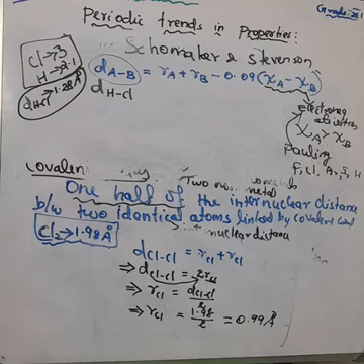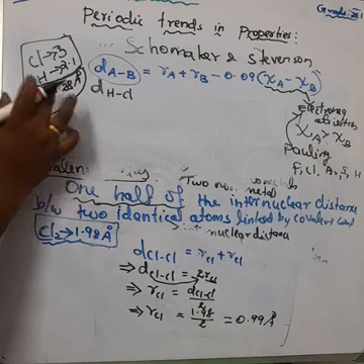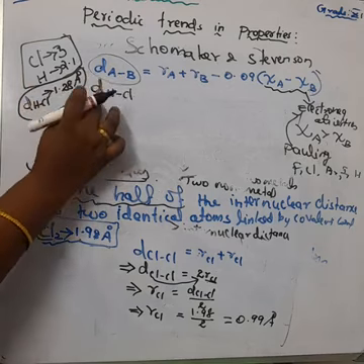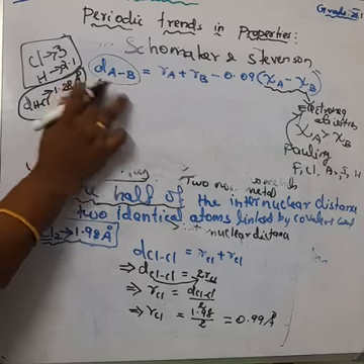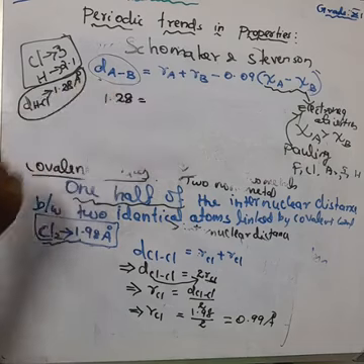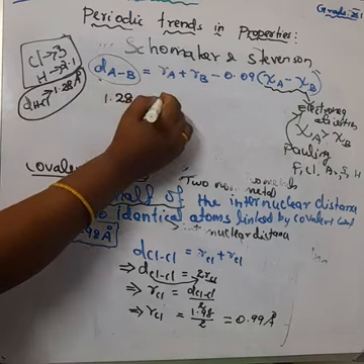So here, what is the given value? In the formula, D_AB is 1.28, the internuclear distance between hydrogen and chlorine, which they proved experimentally. And R_A means the covalent radius of the hydrogen atom.